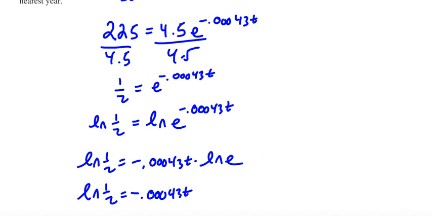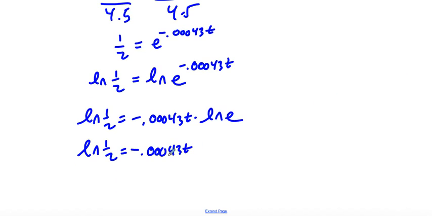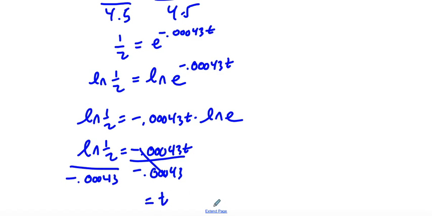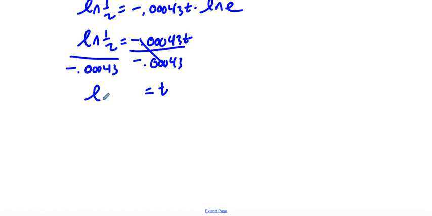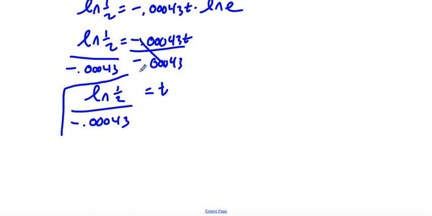Just about done, so now we can divide by negative 0.00043, and we'll be good. The answer is ln of one half all over negative 0.00043. That's what we're looking for.